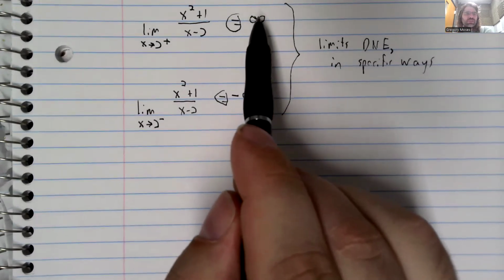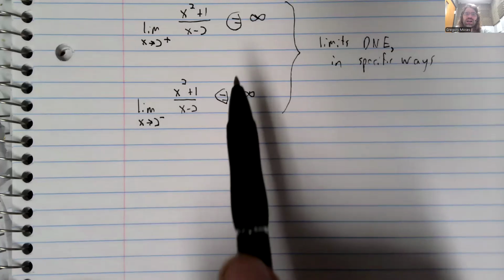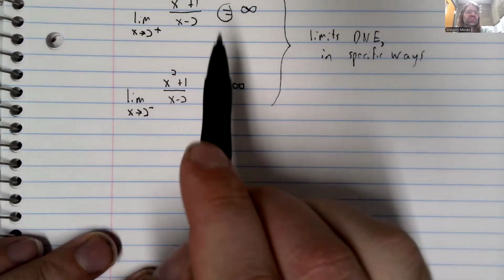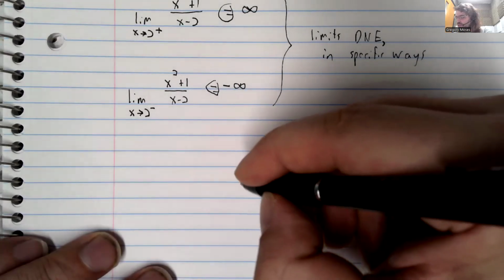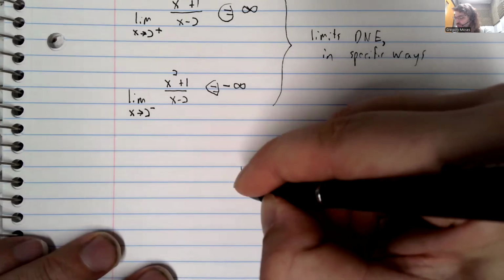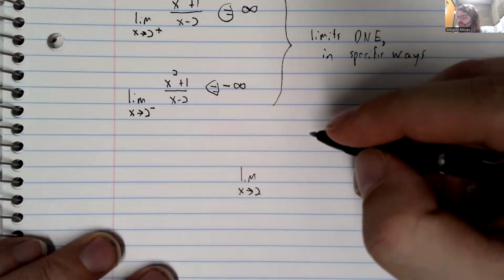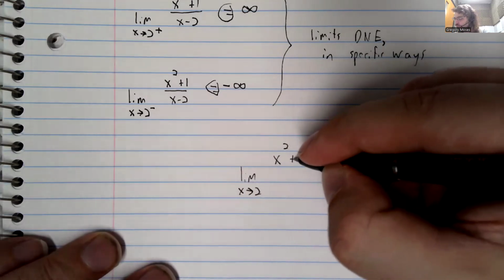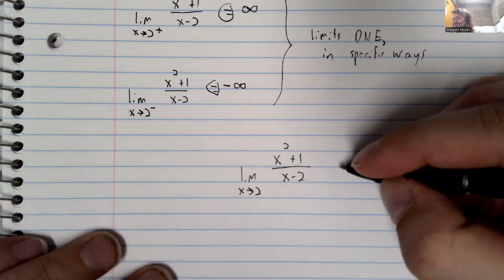Because positive infinity and negative infinity are signed, we often can't use this notation with regular two-sided limits. Suppose I just have the limit as x approaches 2 of this quantity.